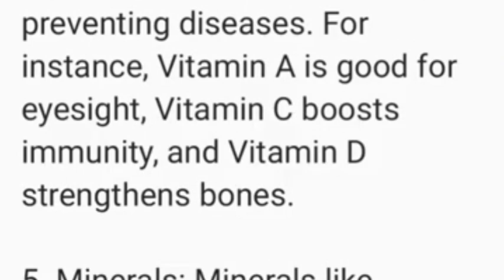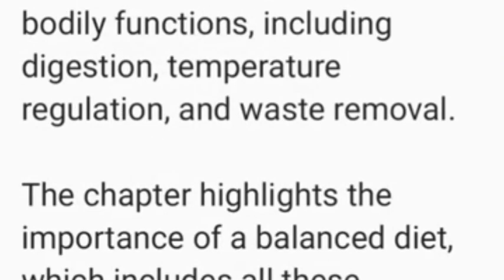4. Vitamins. These are essential for various body functions and preventing diseases. For instance, vitamin A is good for eyesight, vitamin C boosts immunity, and vitamin D strengthens bones. 5. Minerals. Minerals like calcium, iron, and iodine are crucial for strong bones, blood production, and overall development. 6.